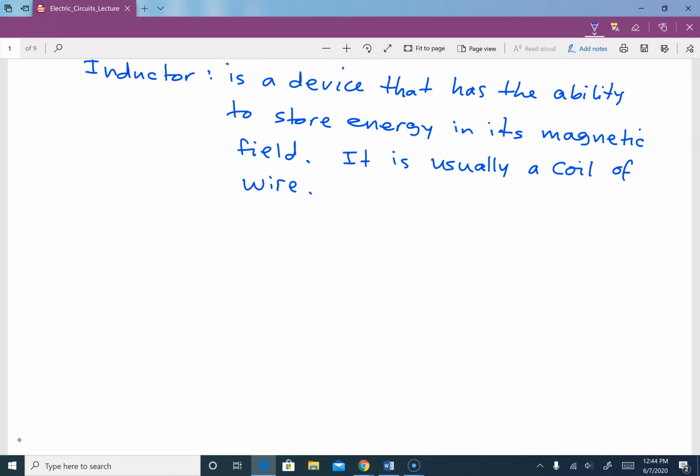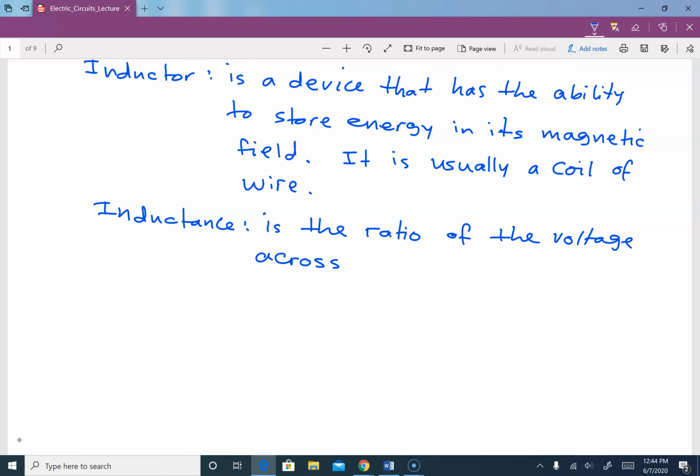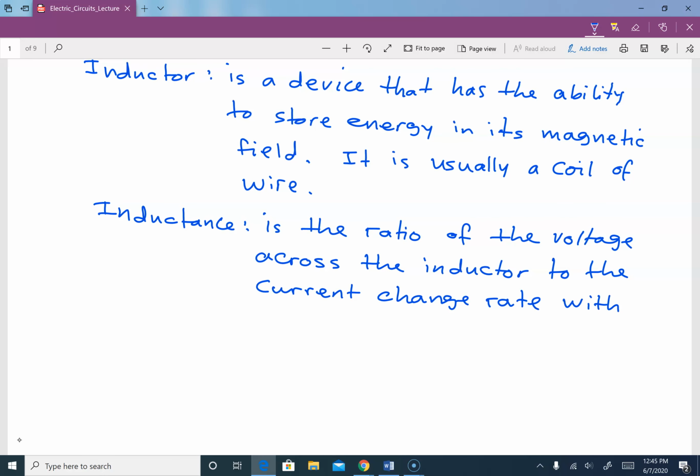What about inductance? Inductance, let's say, is defined as the ratio of the voltage across the inductor to the current change rate with respect to time.